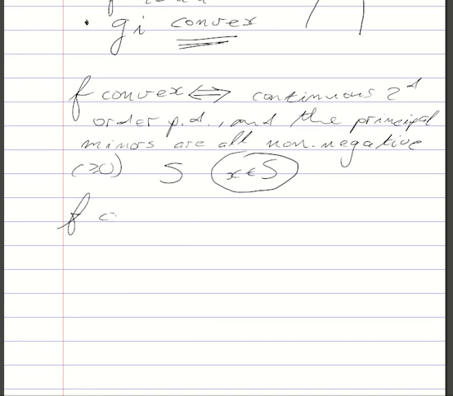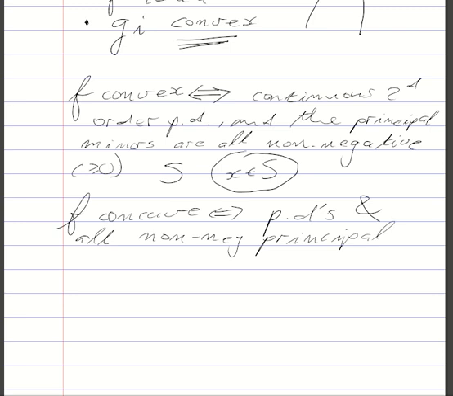Now f will be concave if and only if, again, we have the partial derivatives condition, second order partial derivatives must exist and be continuous, and all non-negative principal minors have the same sign as -1 to the k.